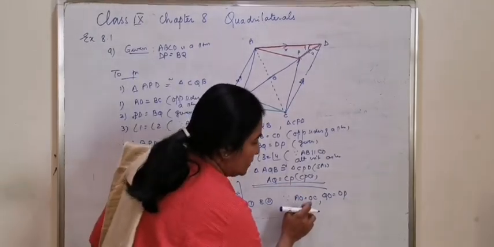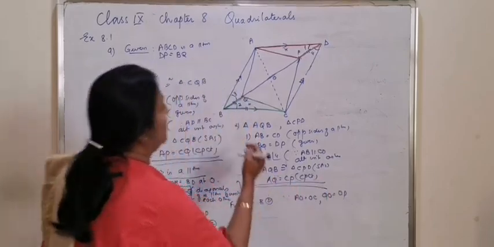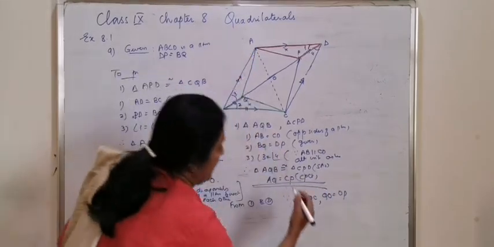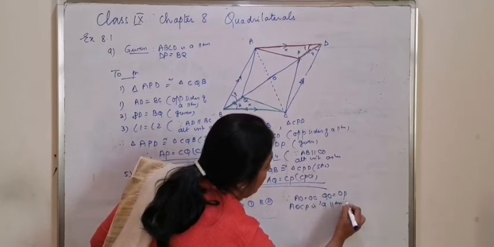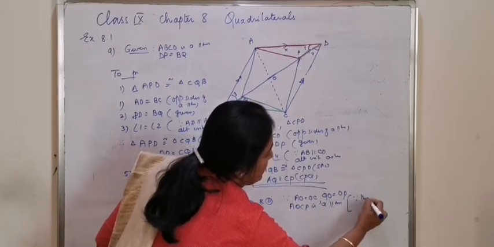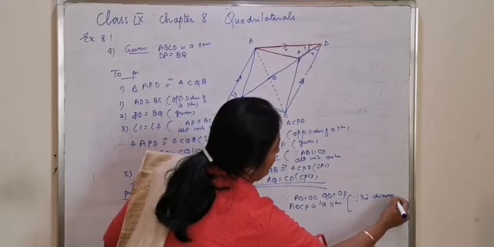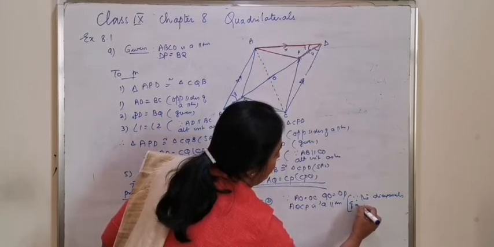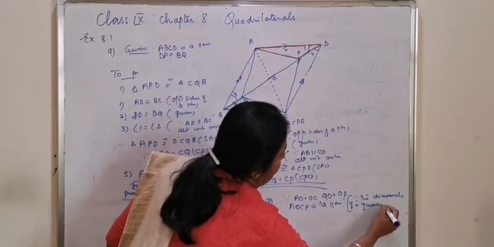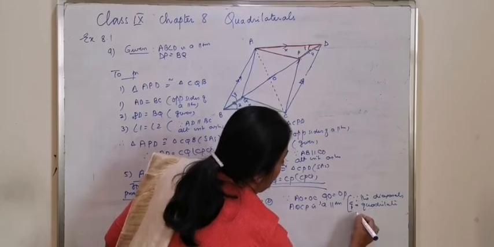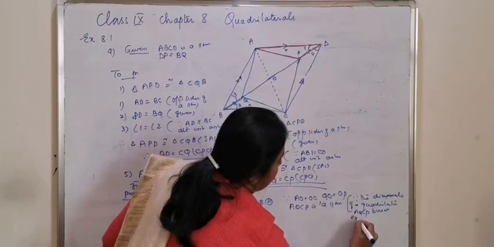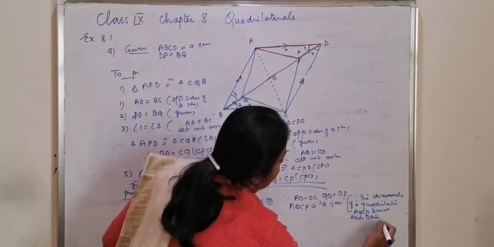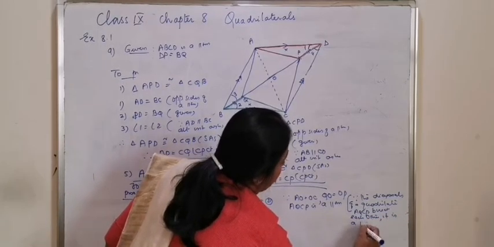Since AO is equal to OC and QO is equal to OP, AQCP is a parallelogram, since the diagonals of the quadrilateral AQCP bisect each other.